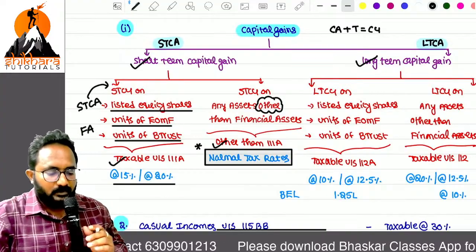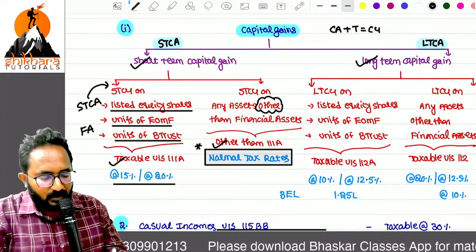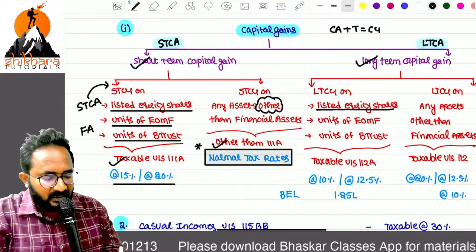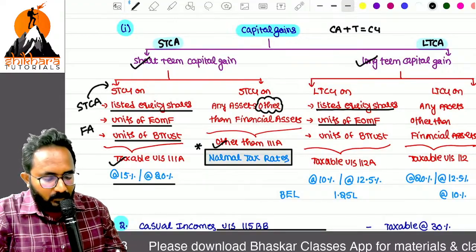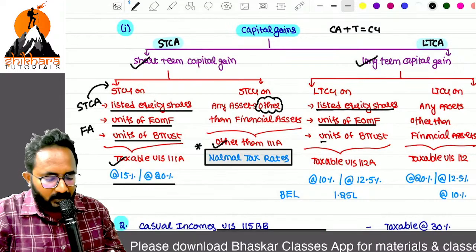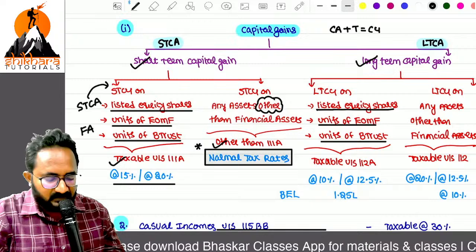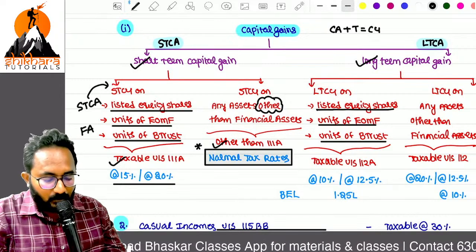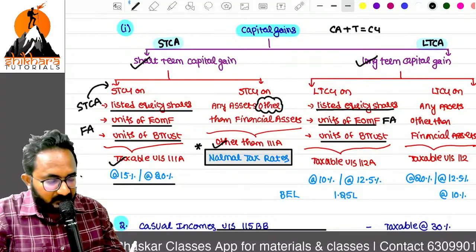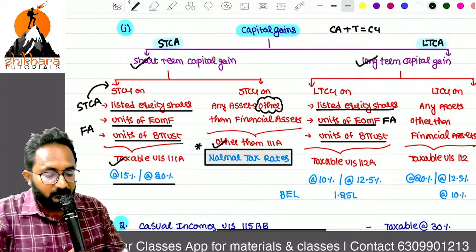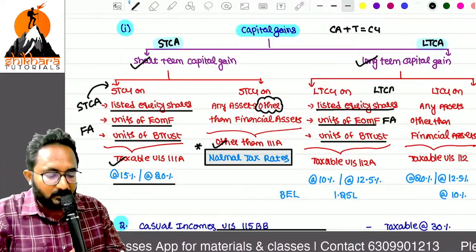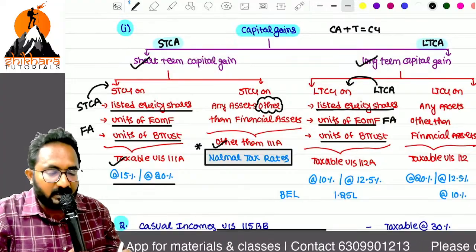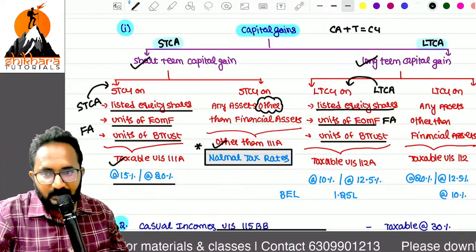Now, can you give one name for these 3 assets? Units of mutual fund, units of business trust, listed equity shares. All together, can I call these assets financial assets? Yes. But if these financial assets are long-term capital assets, what gain will you get? Long-term capital gain.